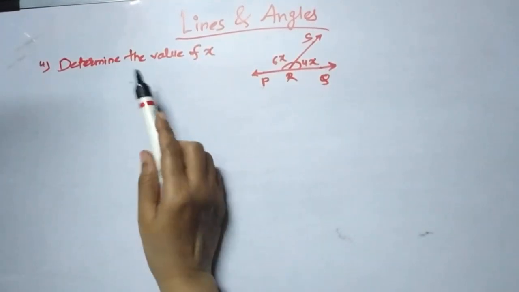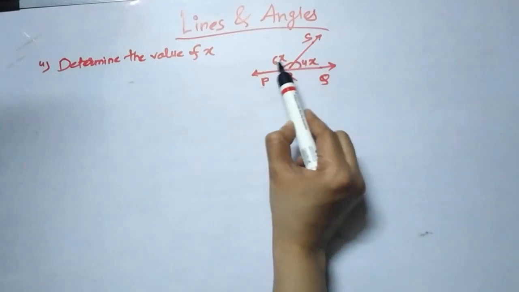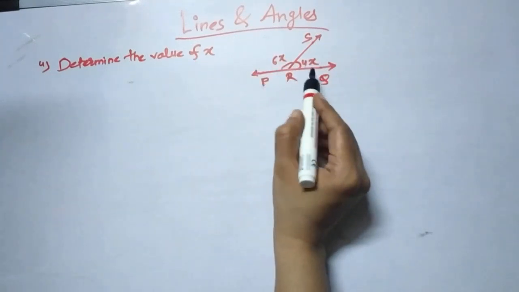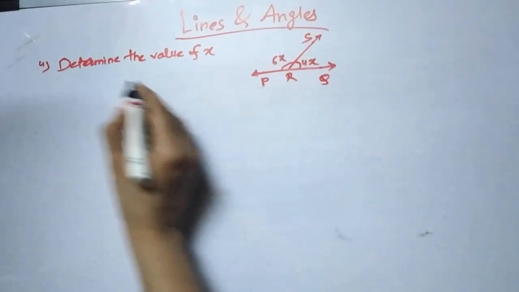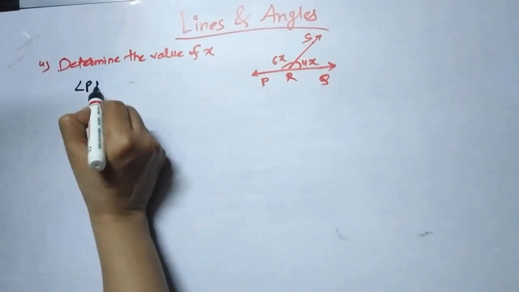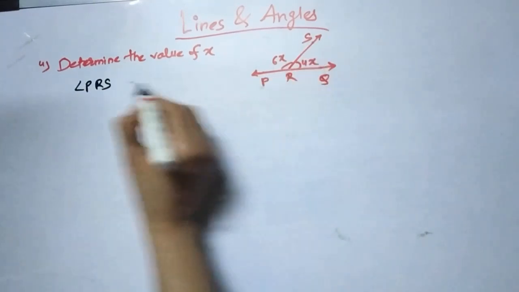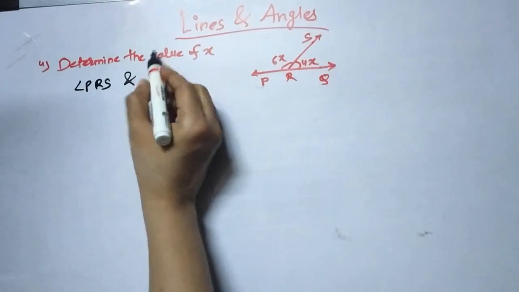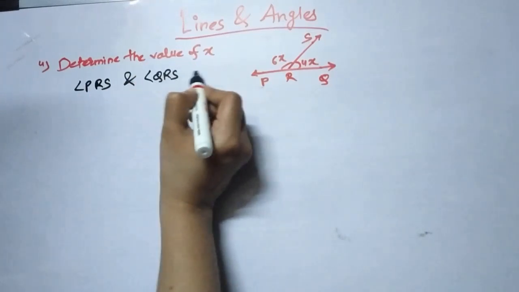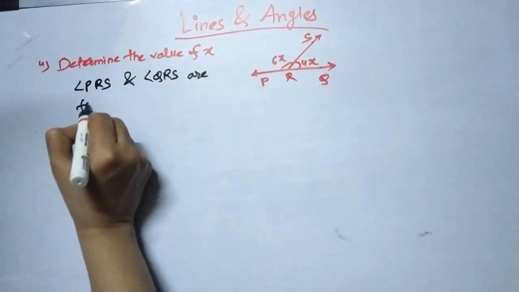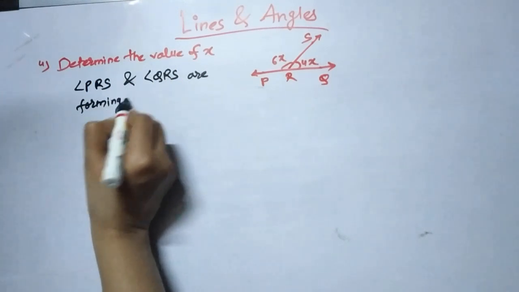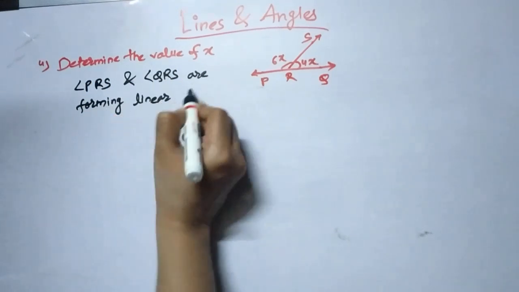So friends, the next question is to determine the value of x in this case, and this figure is given. Again you can see here angle PRS and angle QRS are forming a linear pair.